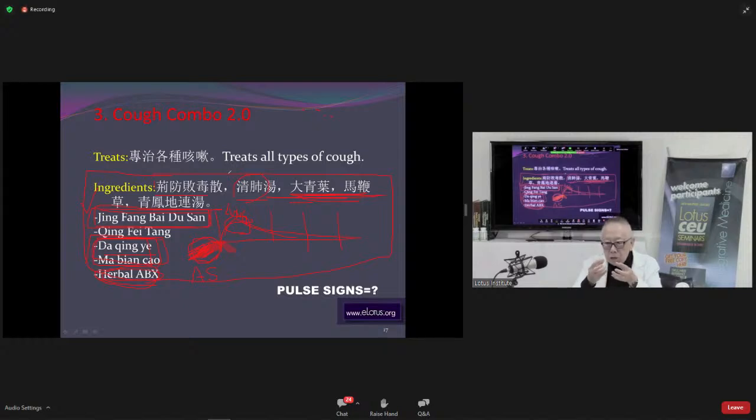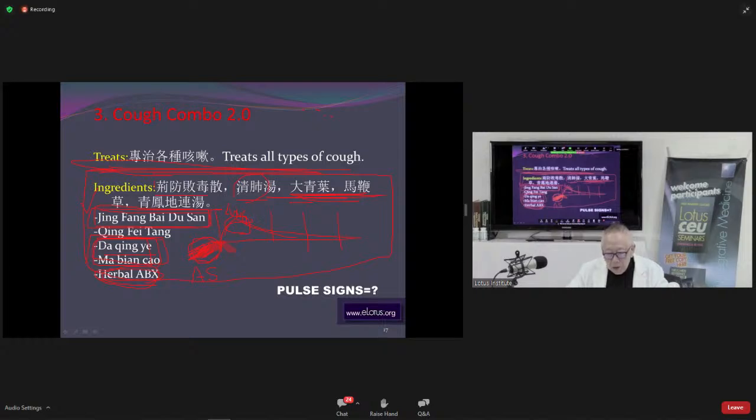It's hot, with a little chocolate and something. It will help with the cough too. Okay, so this is for cough. So now you know how to differentiate cough and the combo, and the next one is asthma.